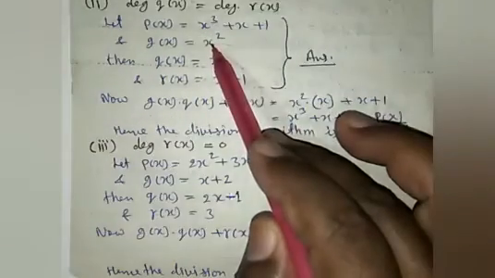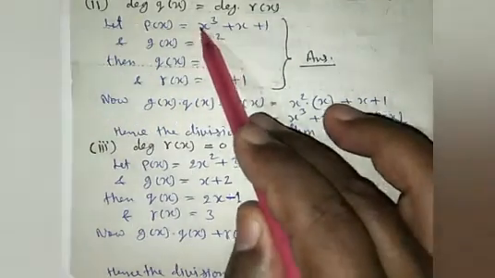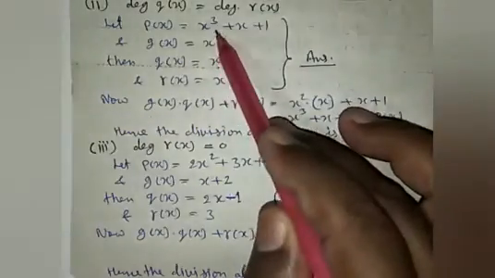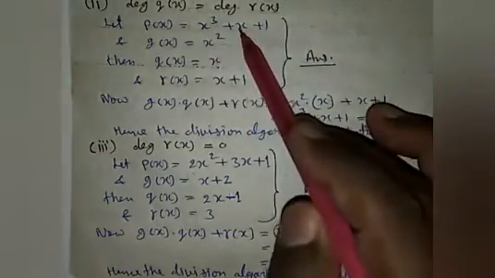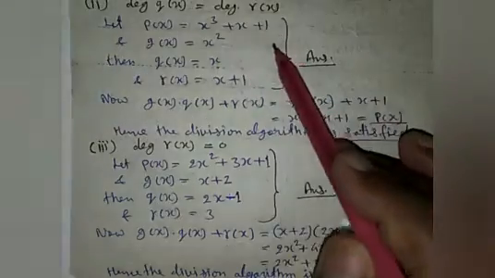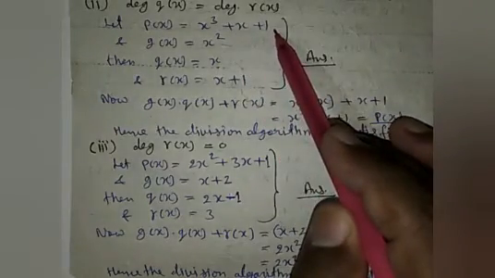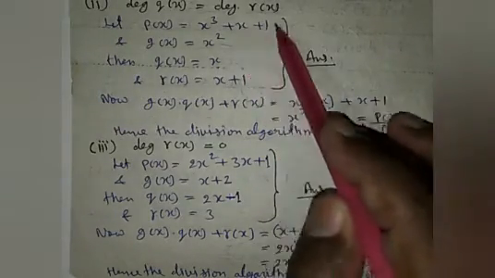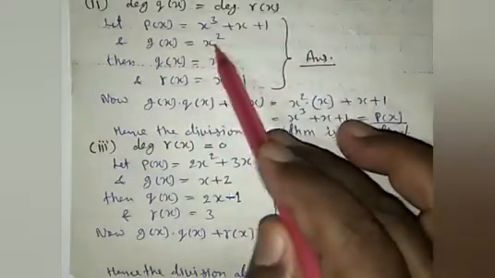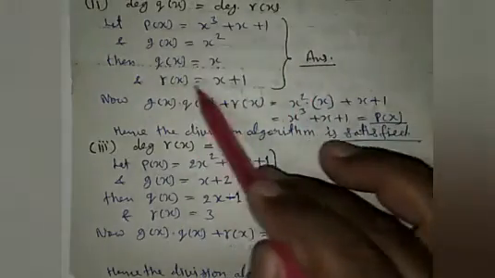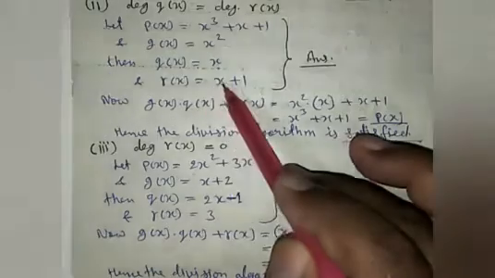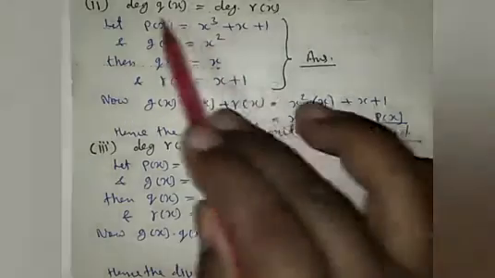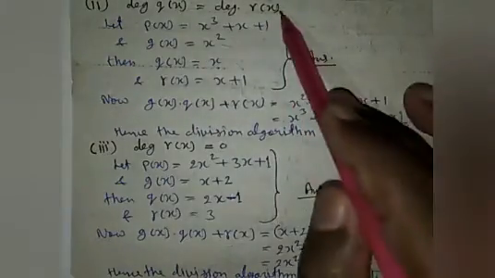So x cube will be equal and the other terms will be the remainder. So x plus 1 is the remainder, and the degree of the remainder is less than the degree of the divisor, so the process will stop and the remainder will be x plus 1. So see, the degree of quotient is equal to the degree of remainder. So here the question is satisfied.